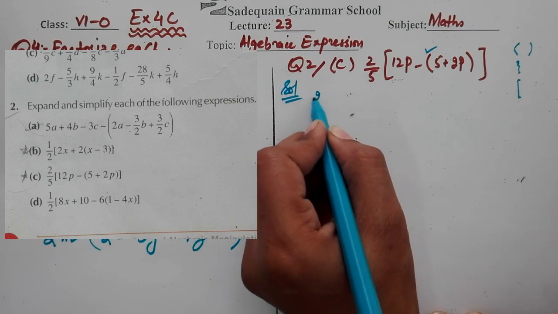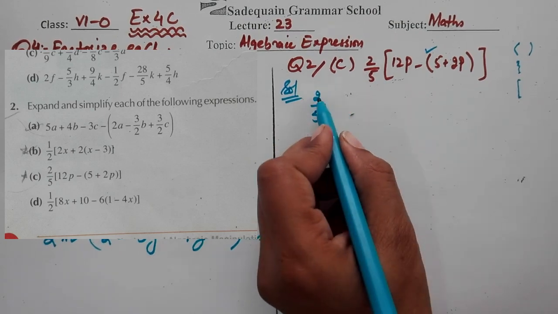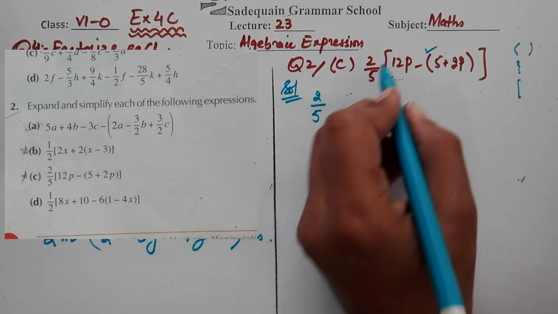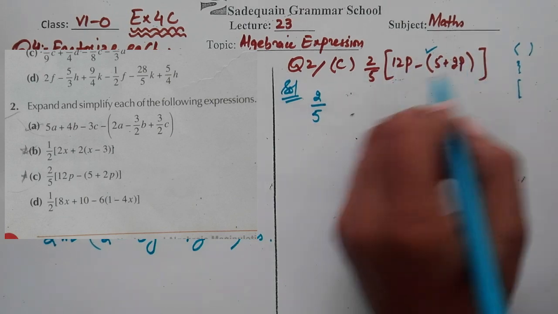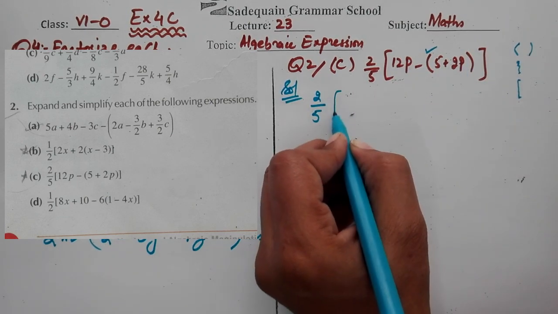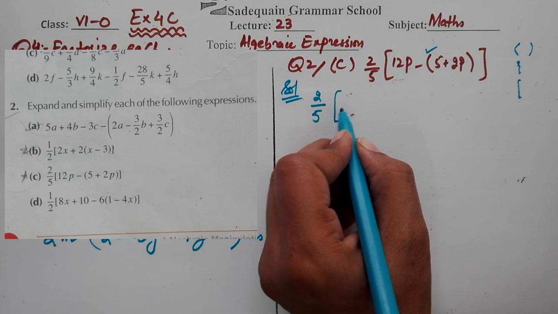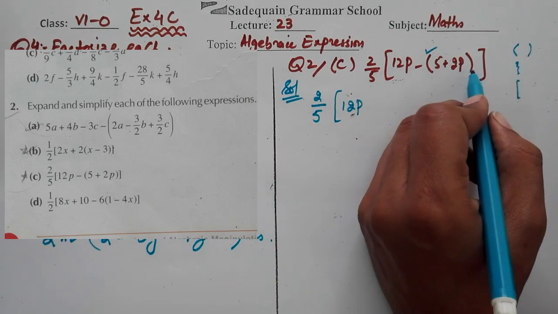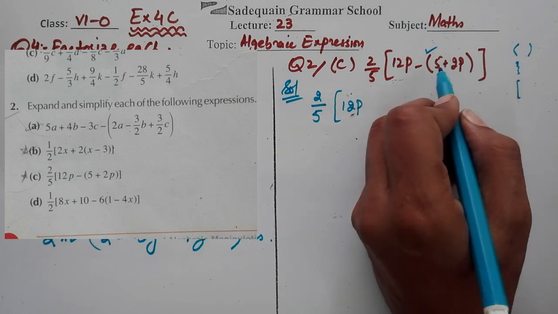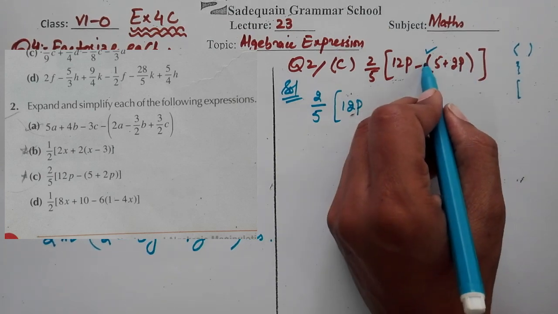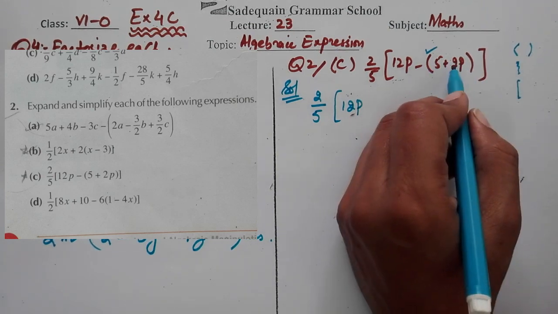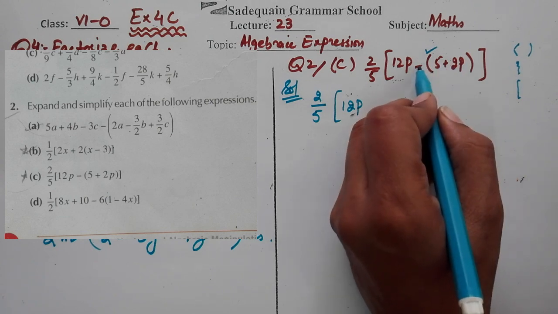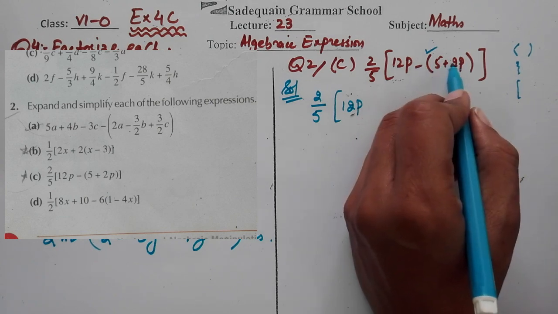So let's start the solution. What you have to do here, 2 upon 5 you have given, the fraction that is multiplying with this whole bracket, so it will remain as it is. First we will solve the round bracket, so 12p remains as it is. Now here we have to omit the parenthesis because we don't have any number which is multiplying with the bracket inside the bracket, but here we have the minus sign, so this minus sign is multiplying here.